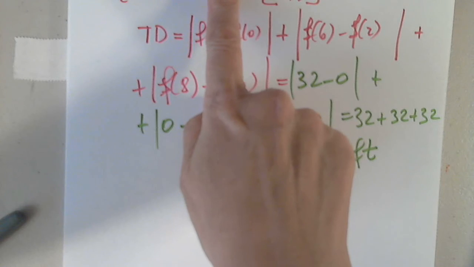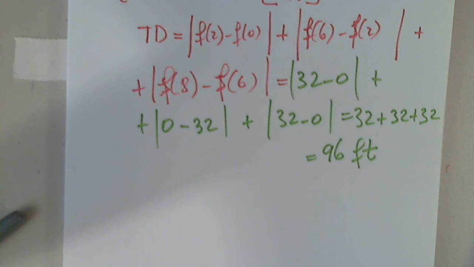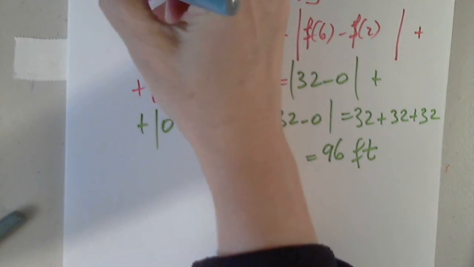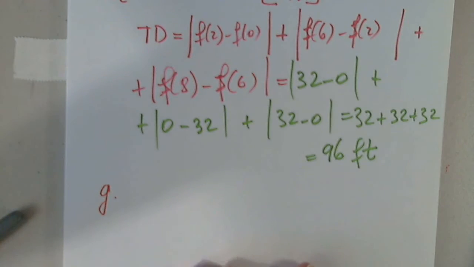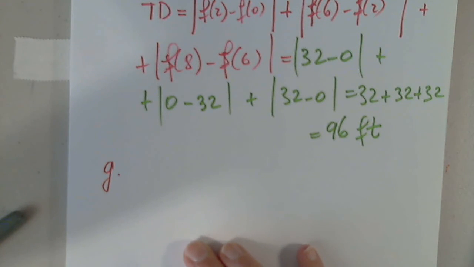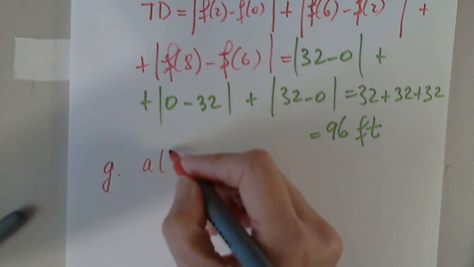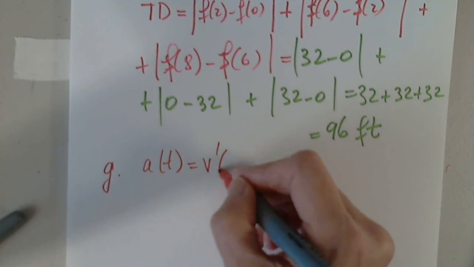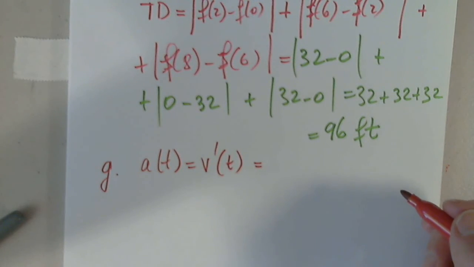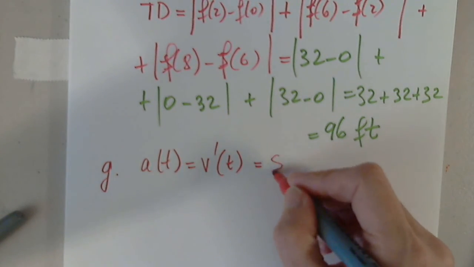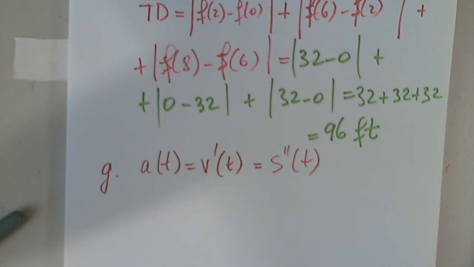Okay, draw a diagram. We already did. That's the diagram. Find the acceleration at time t and after 3 seconds. So this was F. And this is G. Yes, it is. Next one is G. I make sure that I didn't go over anything. So find acceleration at time t and also after 3 seconds. So A of t is the first derivative of the velocity, or the second derivative of the distance.